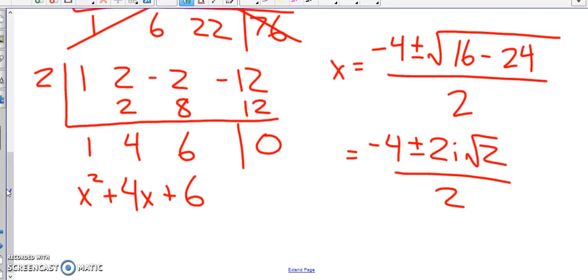Square root of -8 is 2i squared is 2. So if you reduce everything by 2, you get 2 plus or minus i squared is 2. I think I forgot to say -2. -2 plus or minus i squared is 2.